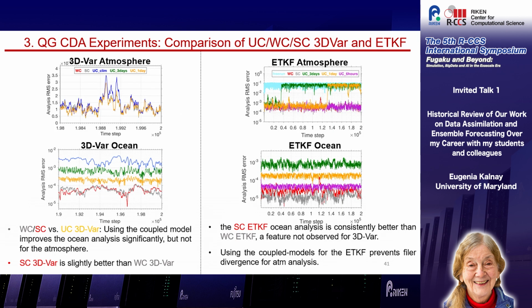For both 3D-Var and ensemble Kalman filter, the strongly coupled assimilation approach generally shows smaller analysis errors than the uncoupled or weakly coupled approach for both atmosphere and ocean. Unlike 3D-Var, the ocean analysis from the strongly coupled ensemble Kalman filter is substantially better than the weakly coupled ensemble Kalman filter, a feature not observed for 3D-Var.